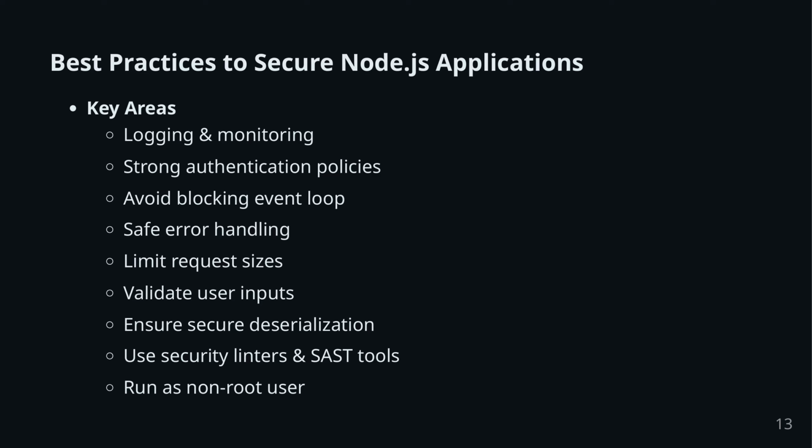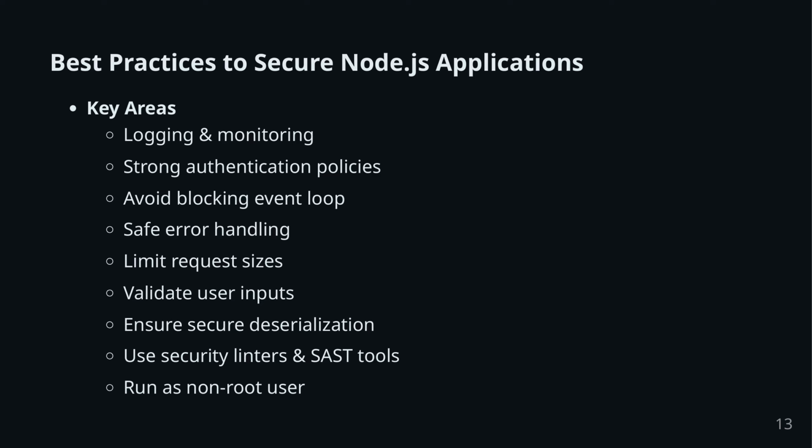Ensure that none of your application's operations block the event loop, as this can significantly degrade performance. 4. Safe error handling. Implement safe error handling techniques to prevent leaking sensitive information through error messages. 5. Limit request sizes. Control the size of incoming requests to protect your application from payload-based denial of service attacks.